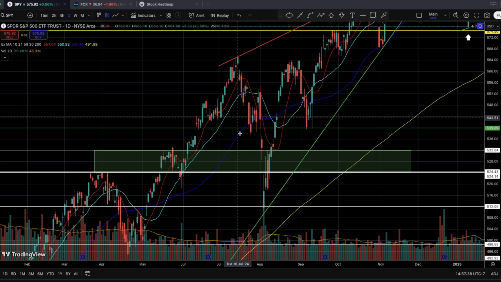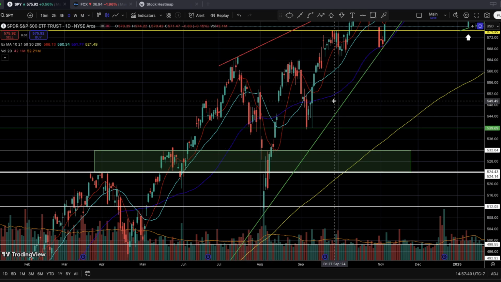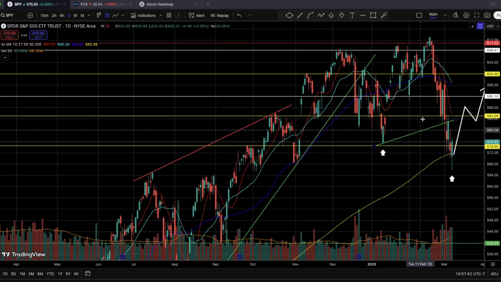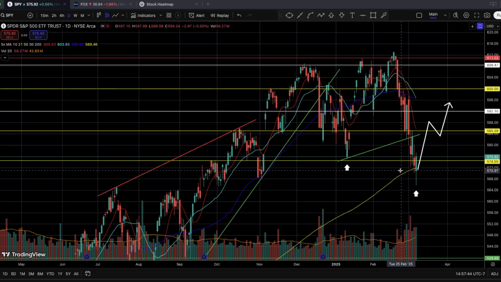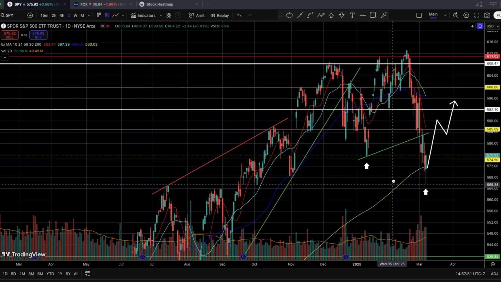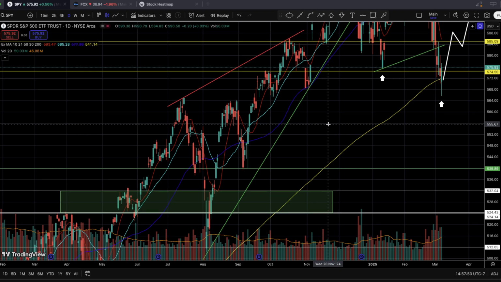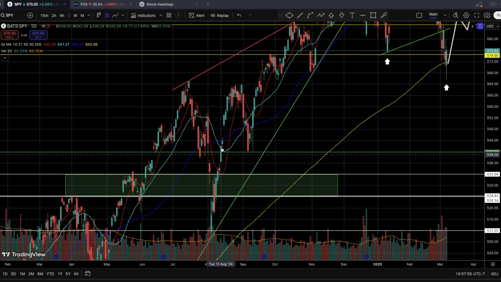And so far, this correctional move down in August closely resembles this pullback that we're seeing now, this correctional move. And to me, if we do see a potential reversal this week, we could potentially also see a very similar recovery move back to the upside as we saw in August.